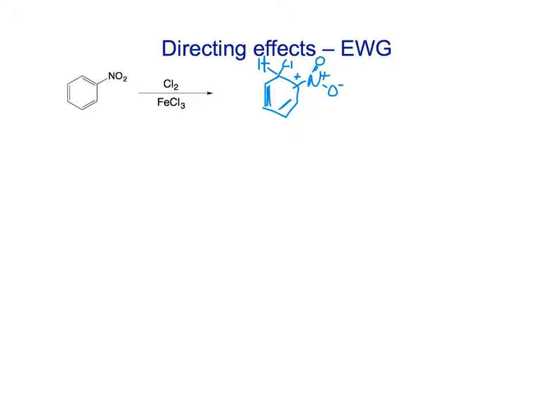That's kind of a sloppy drawing. Like we did before, let's just draw one more. We could move this pi bond toward the plus, which would shift to here.